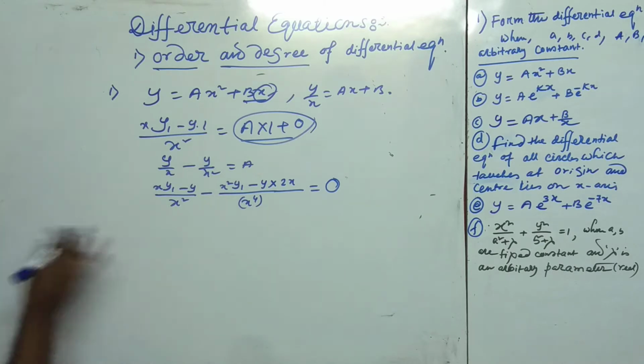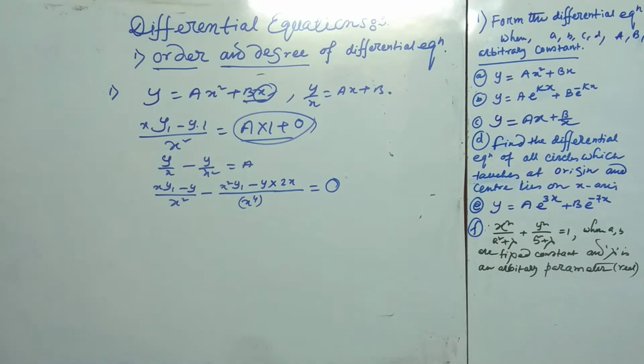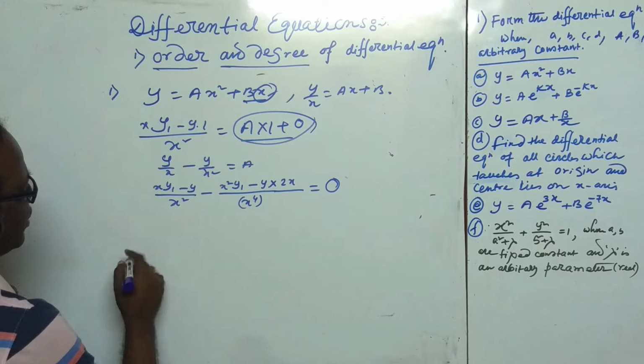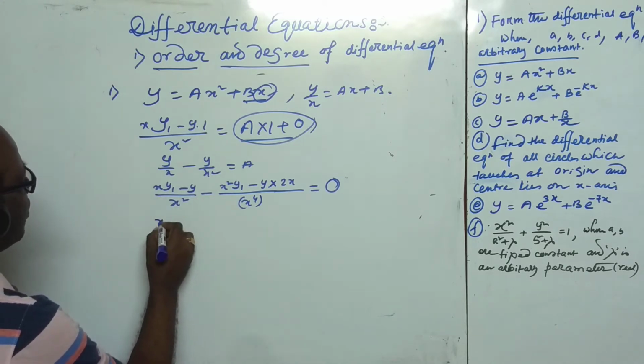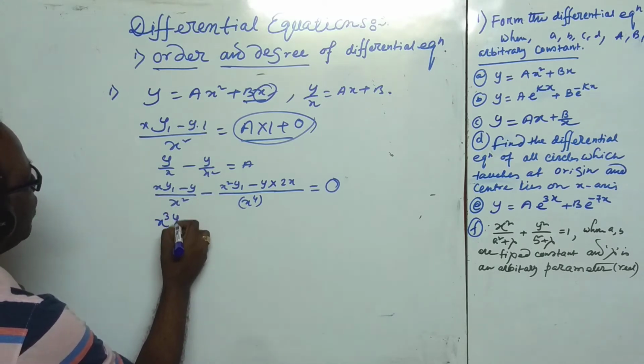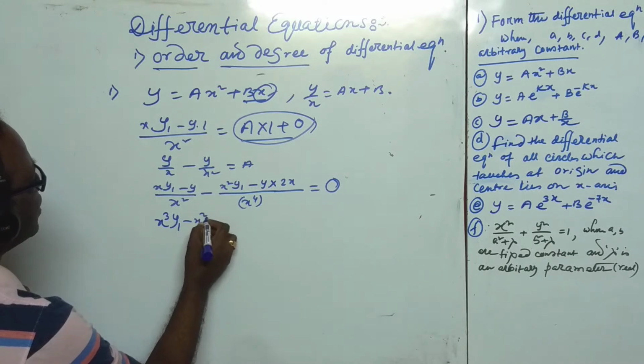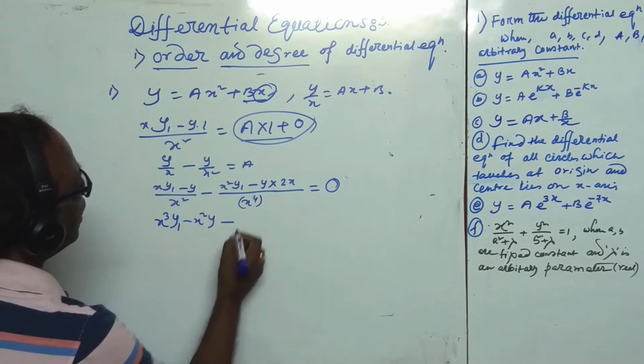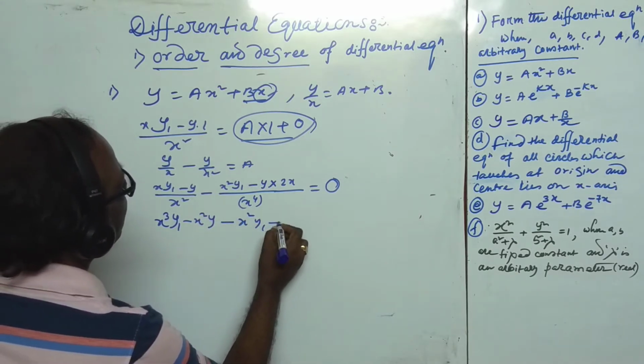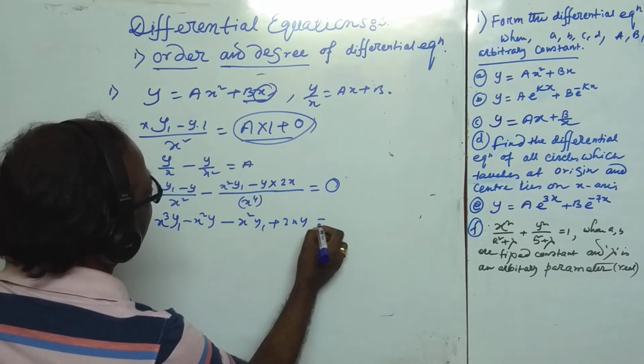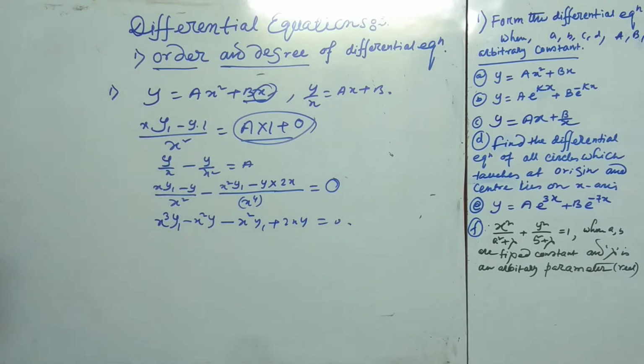So see here, nothing, the constants which were arbitrary are gone. So if we simplify this differential equation, that is the required differential equation. Taking LCM x to the power 4 and multiplying by x to the power 4, that is x cube y1 minus x square y, again x square y1 plus 2xy equal to 0.